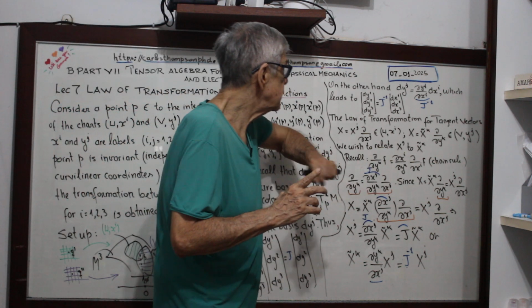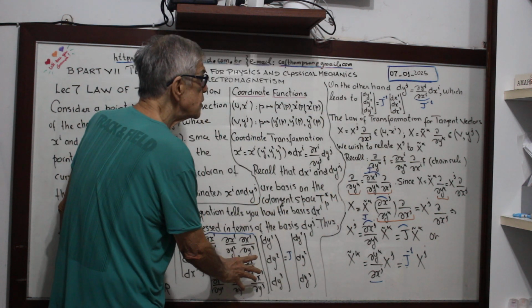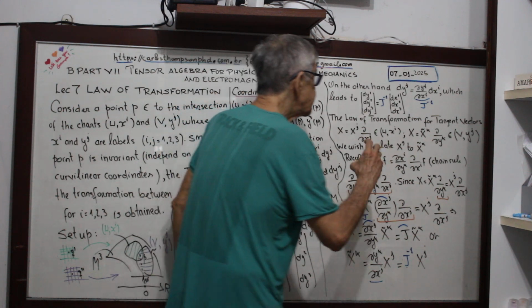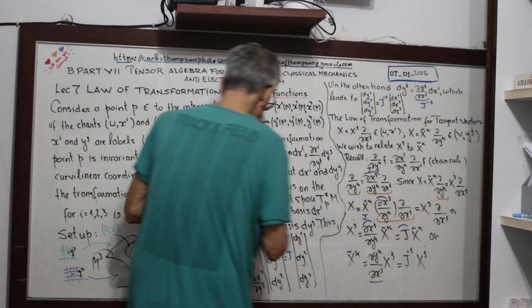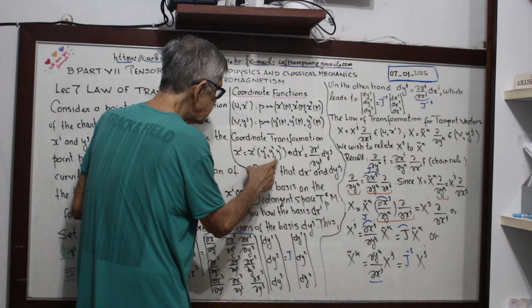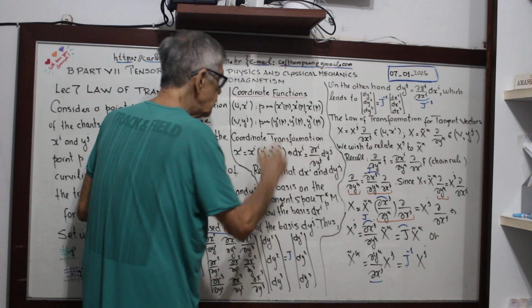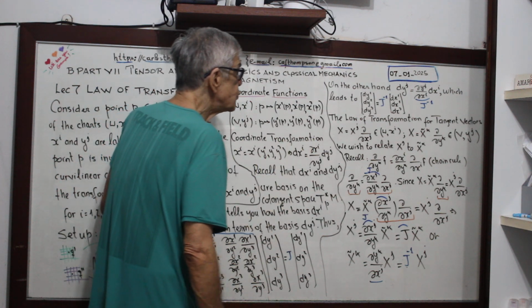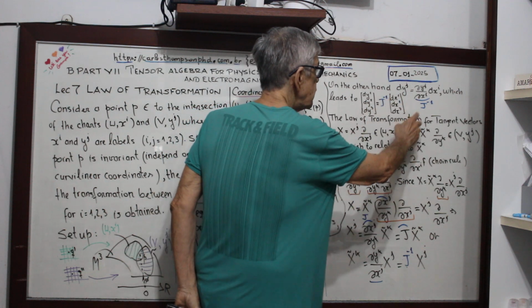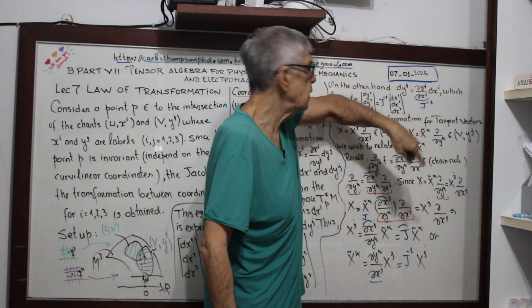Now, on the other hand, I could do the same as I did here, just saying that in this case I put y over here, and this is the x over here. So then I derive dy^j. You see, dy^j is partial y^j over partial x^i dx^i.